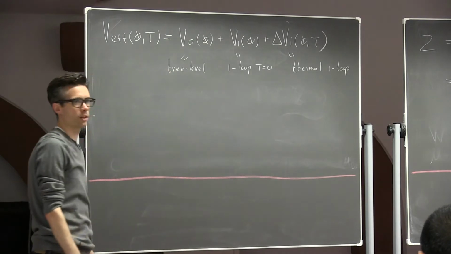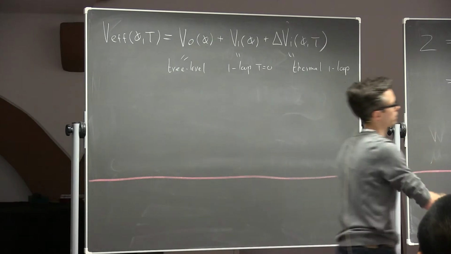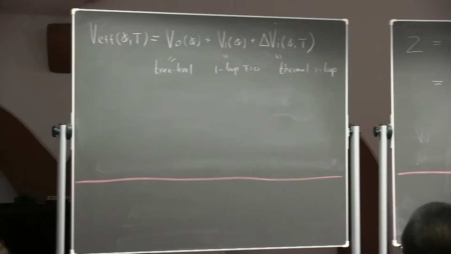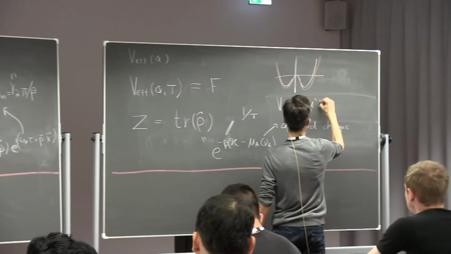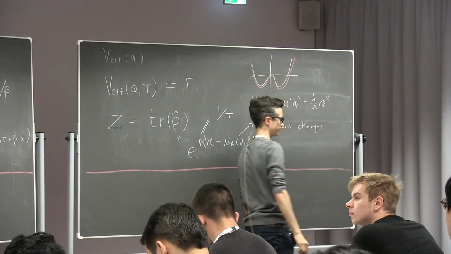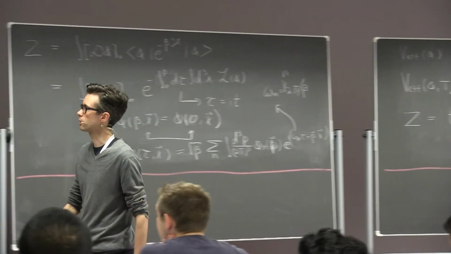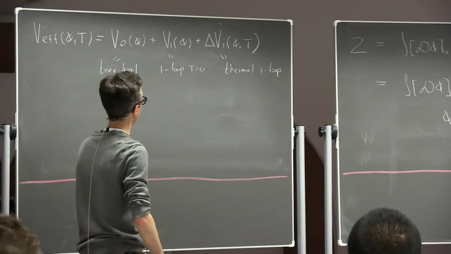So the tree level potential is just what you started with. For example, if I started off with a double well potential like this, my V0 would look something like minus mu squared phi squared plus lambda over 2 phi to the fourth. But now I also include the one loop T equals 0 contribution and the delta V.